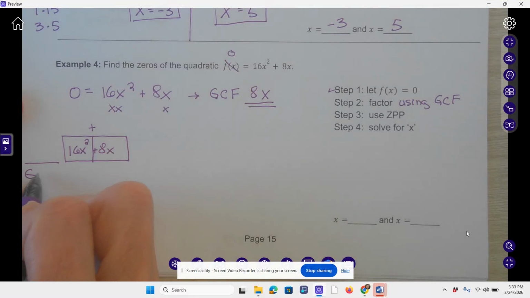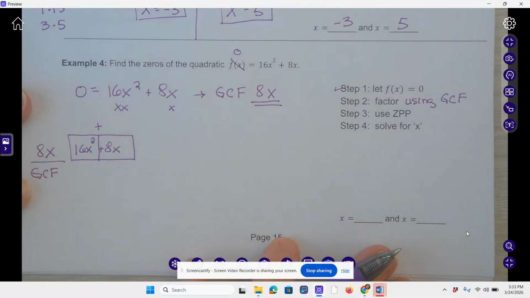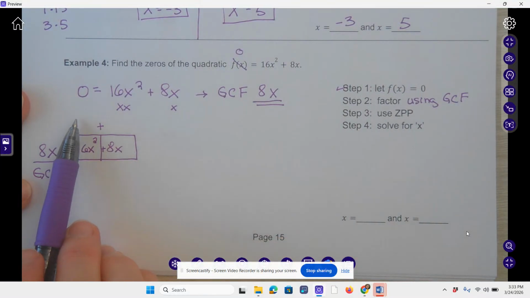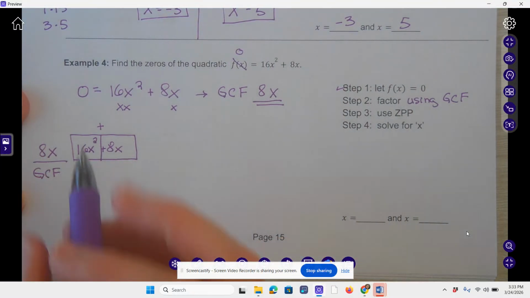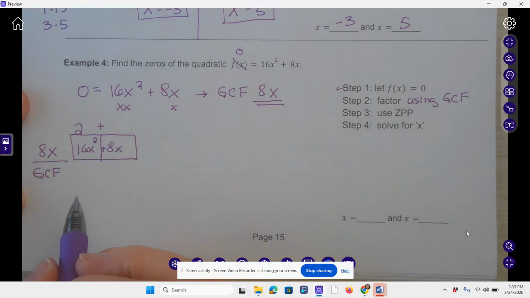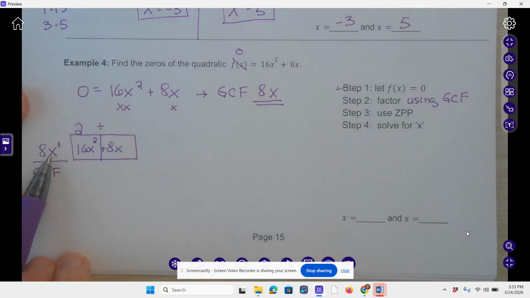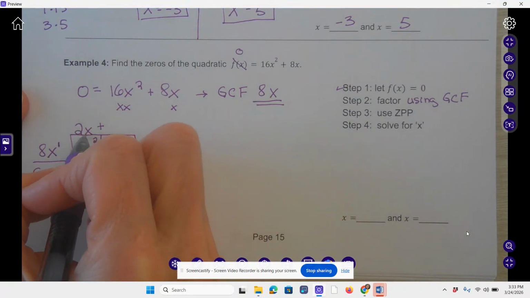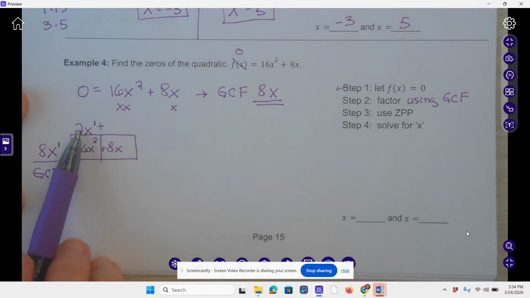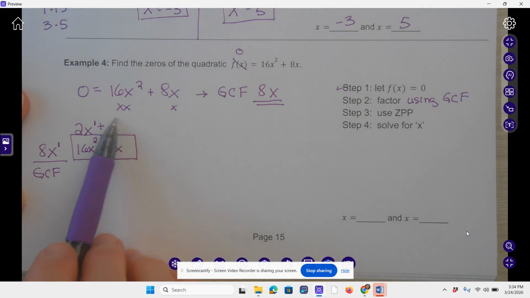Outside the box, we put our GCF, which is 8x. So then, what times 8 would get me 16? Well, that would be a 2. I have 2 x's in the box. I have 1 x here, so I need another x. So 8 times 2 is 16. X to the first power times x to the first power is x squared. Okay, that looks good. Now, what times 8x will get me 8x?